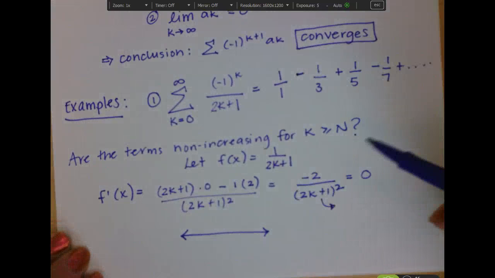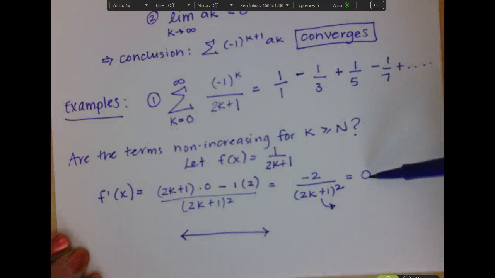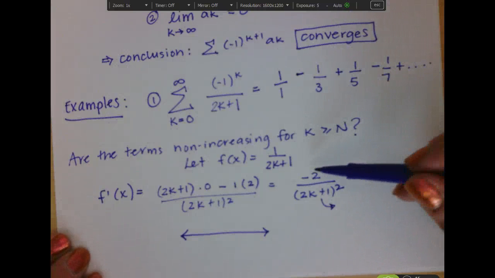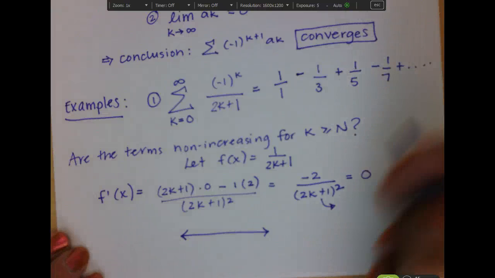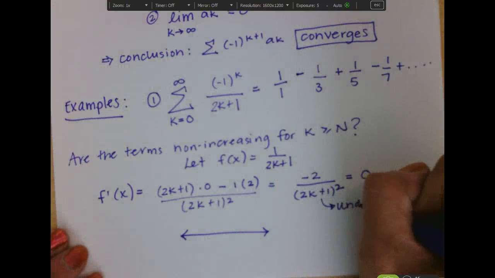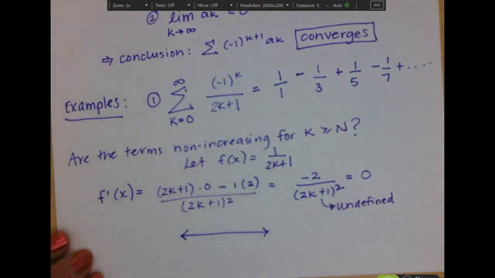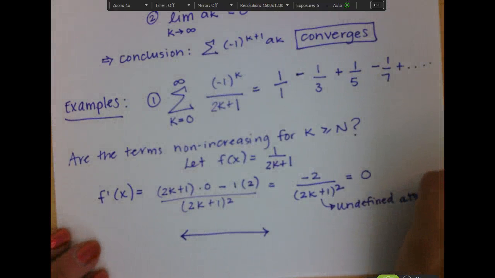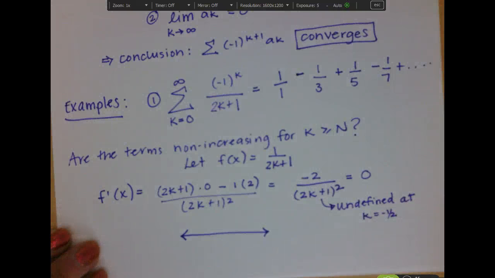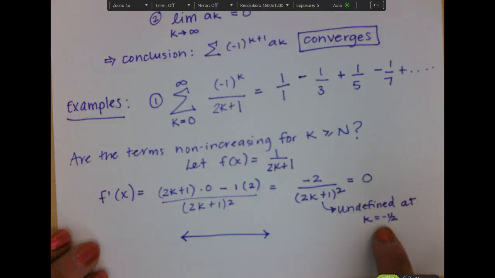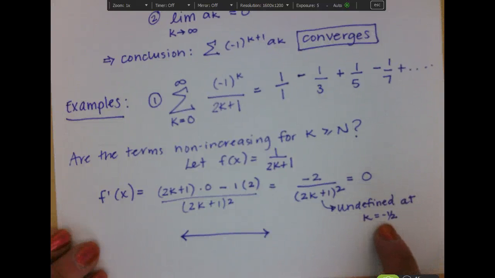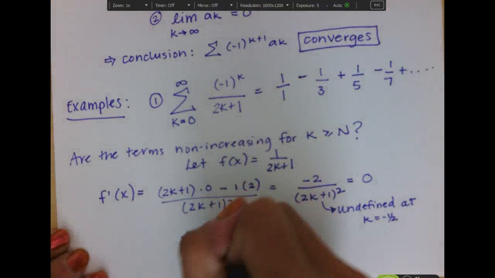So in terms of setting this equal to 0 and solving, there are no values that will make this entire fraction equal 0, but there are values where the function is undefined or where the denominator is going to equal 0. And specifically that happens at k equals negative 1/2. So this is our potential minimum, maximum, or inflection point.